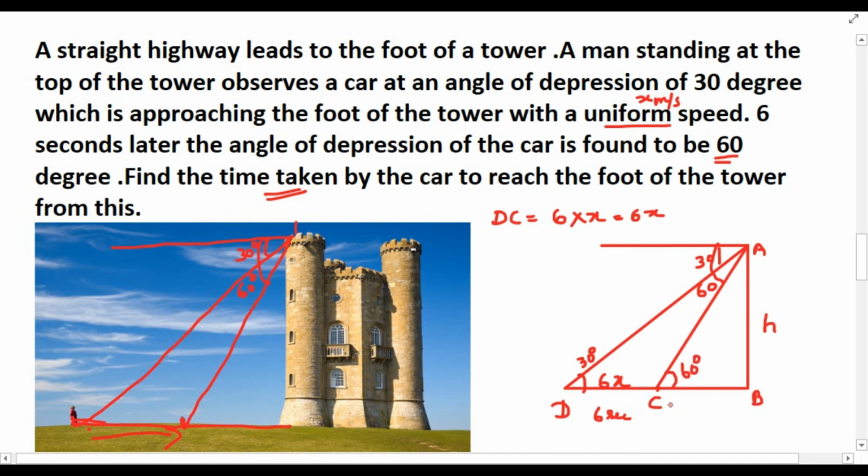Now we need to find out the time taken by the car to reach the foot of the tower from this point. That means we need to find the distance BC, and let the time taken by the car from C to reach the point B be t seconds. So this distance will be xt. Now we will solve the problem.